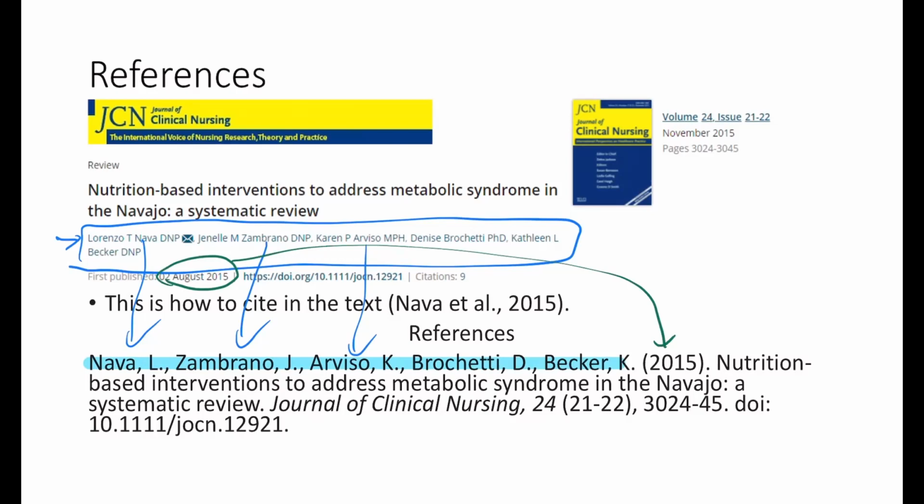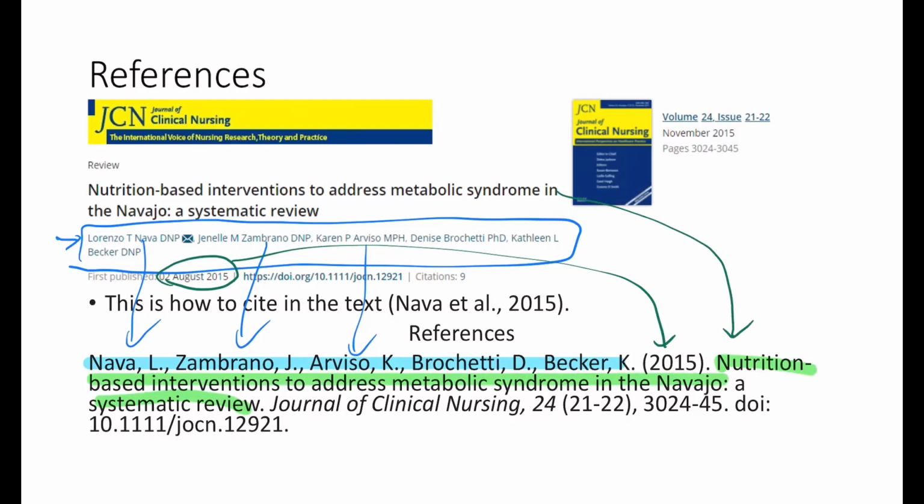Next thing we're going to do is the title, and that's going to be right there after that. So we've got our title, and notice when we do the title of a journal article, the title is not in italics. The title is just in regular font. But right after that, we're going to put which article we got this out of.